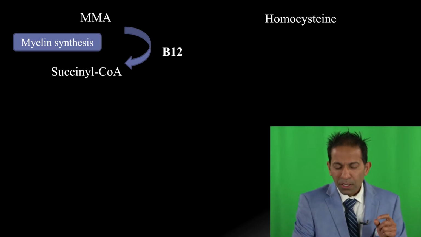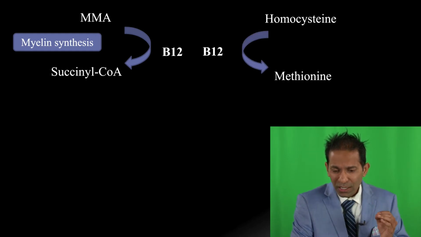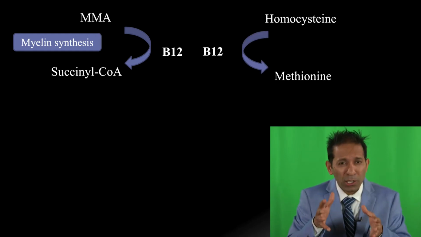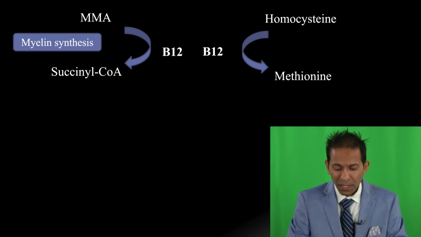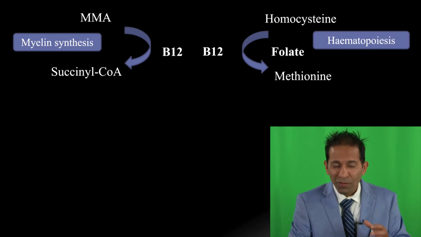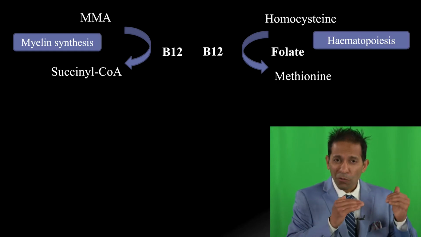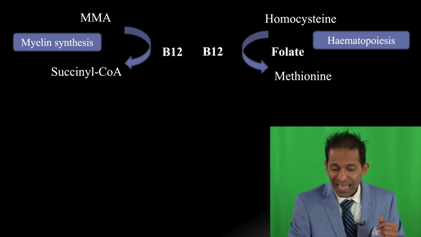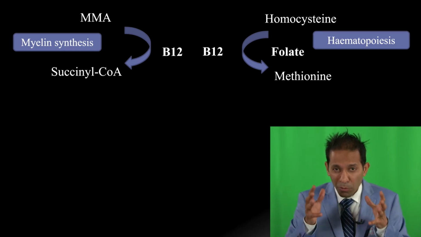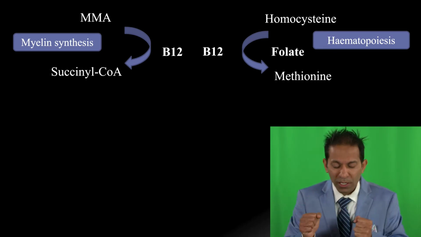The second reaction is the conversion of homocysteine to methionine. This step also requires B12 as a cofactor, and it also requires folate. This reaction is very important for hematopoiesis. So if you have deficiency of B12 and folate, the patient can have ineffective hematopoiesis, which can cause megaloblastic anemia and pancytopenia.